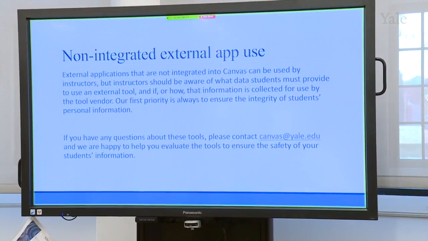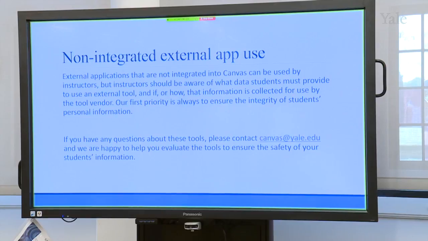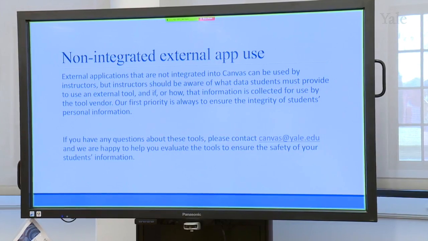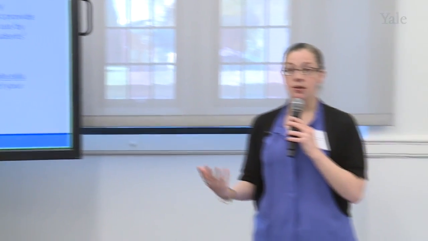Now, the non-integrated external app use. Say, for example, you found a tool that you want to use in your class, but you don't want to integrate it in Canvas. You just want to try it out first. With that in mind, we want to be very cognizant of what student data is going to be out there. You can come to us and say, hey, I want to use this app.